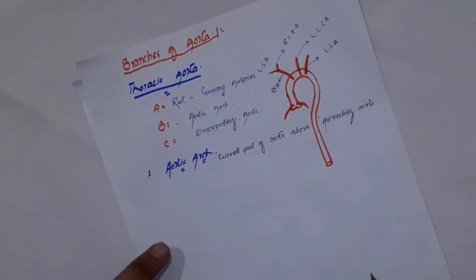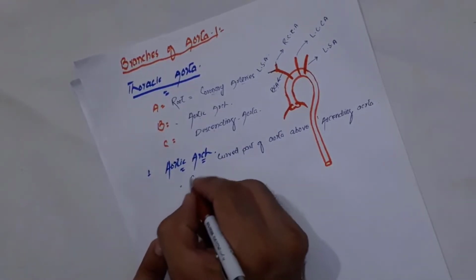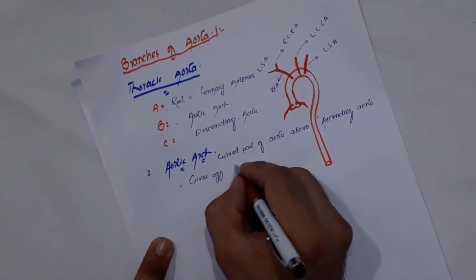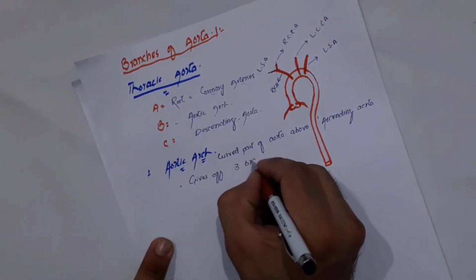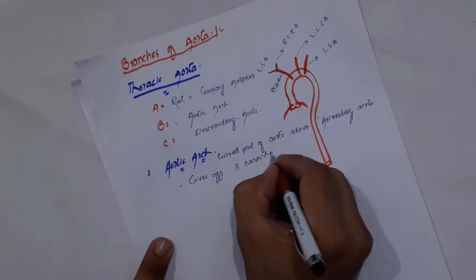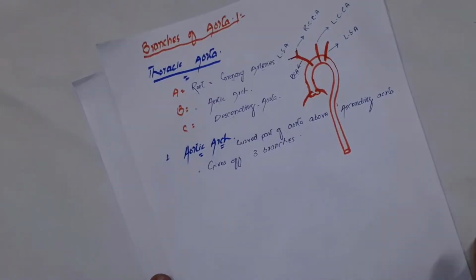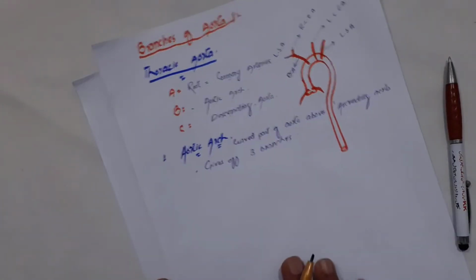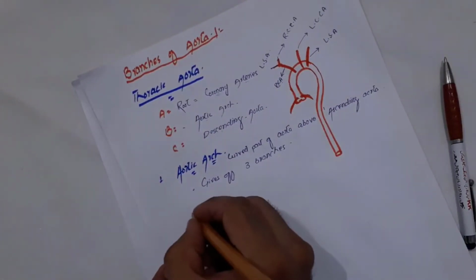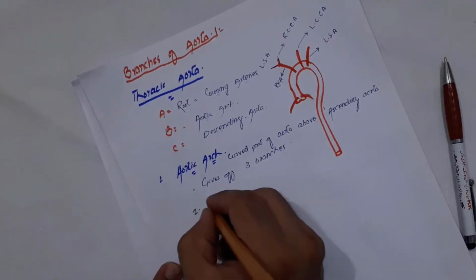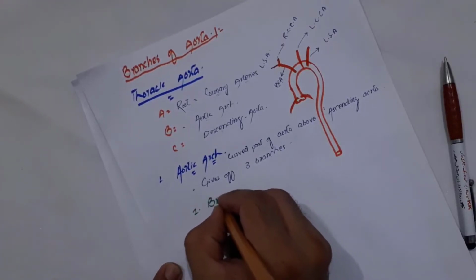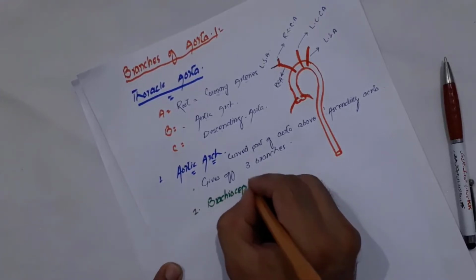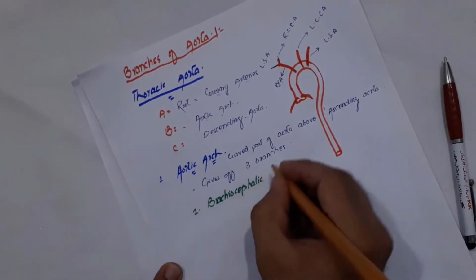It gives off three branches of arteries. The first branch that it gives is the brachiocephalic artery.